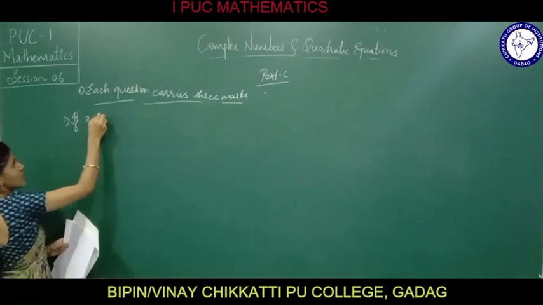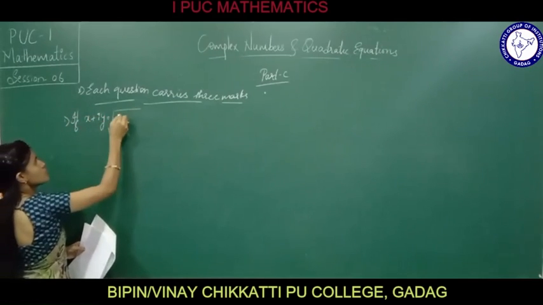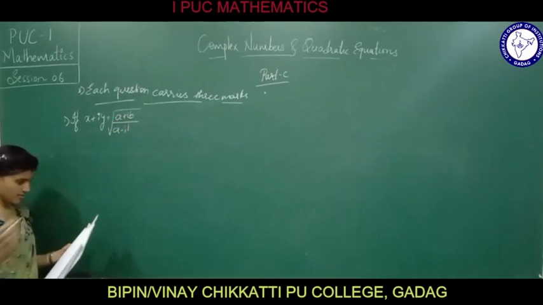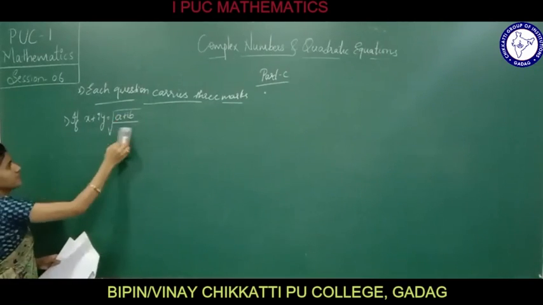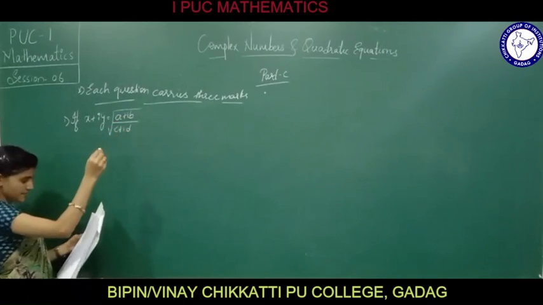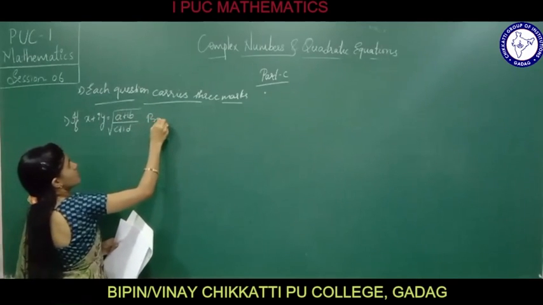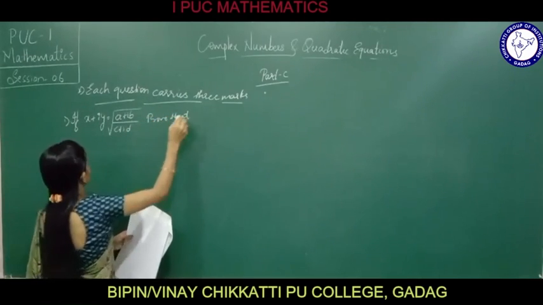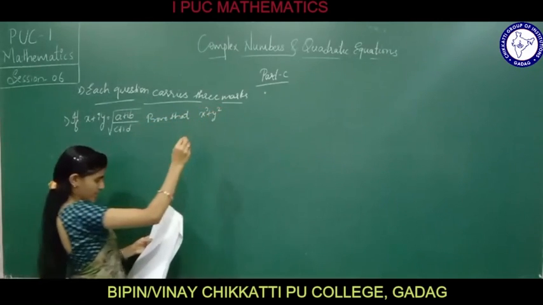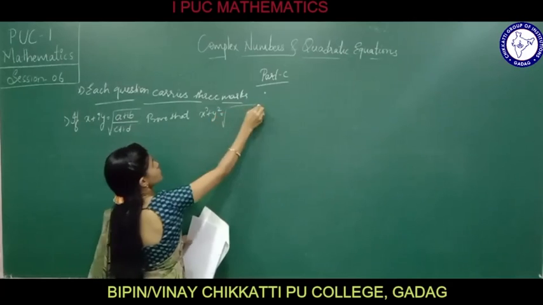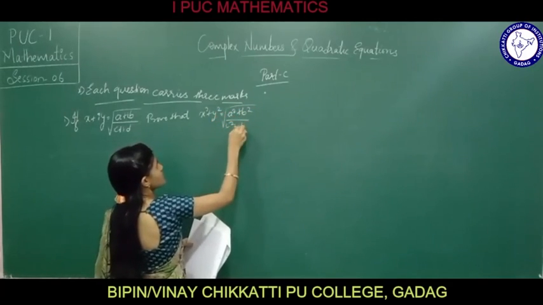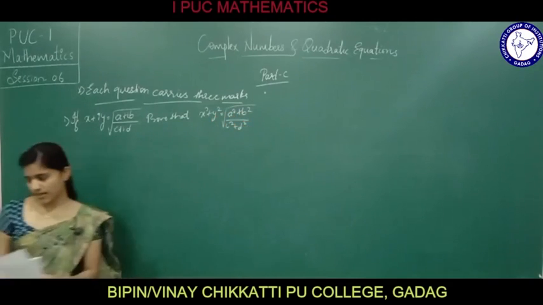Next, among that, the first one is: if x plus iy is equal to root of a plus ib divided by c plus id, prove that x square plus y square is equal to root of a square plus b square divided by c square plus d square.